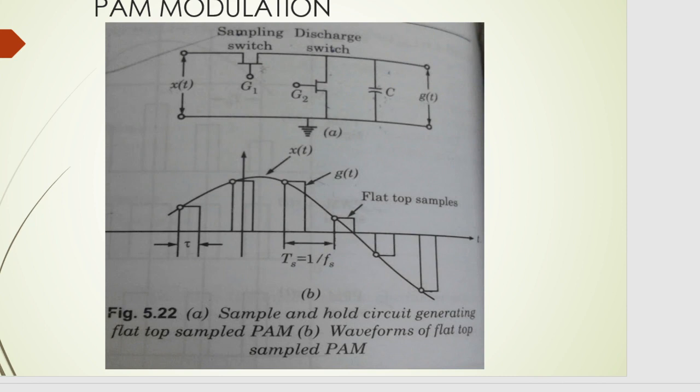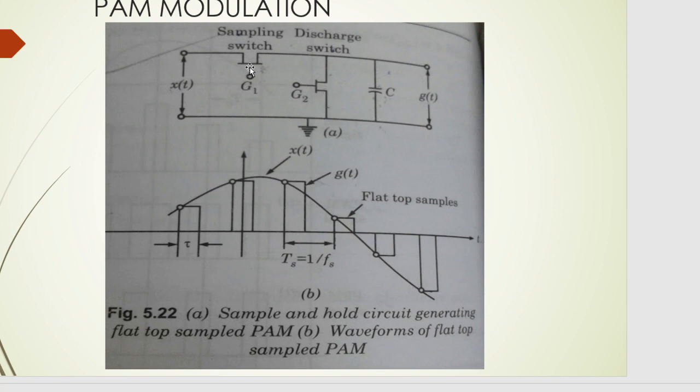After that, for the next time slot, when the pulse amplitude is 0, the first transistor will be turned off and the second transistor will be turned on. In that case, the capacitor will discharge through G2.